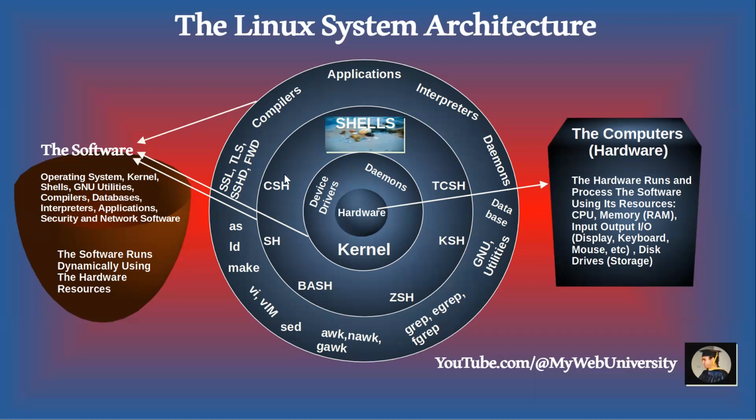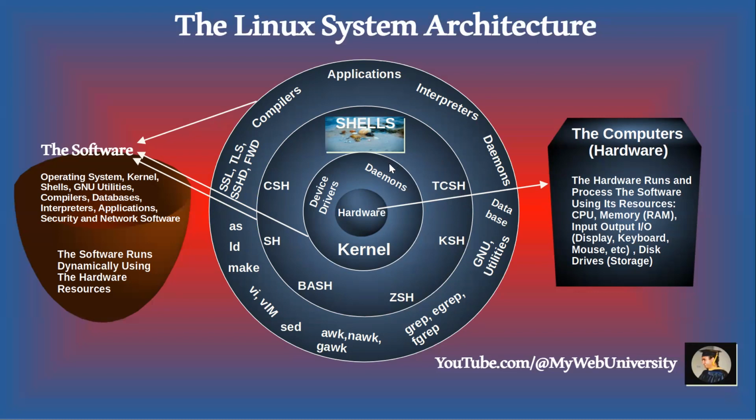The software shells are all interfaces for the user to use their favorite shell, whether it's C shell, Bourne shell, Bourne Again shell, zsh, Korn shell, or tcsh. Any of these shells the user uses to interact with the kernel.